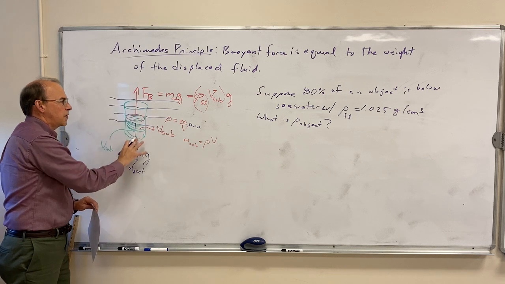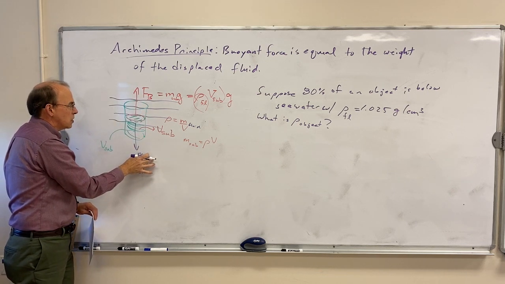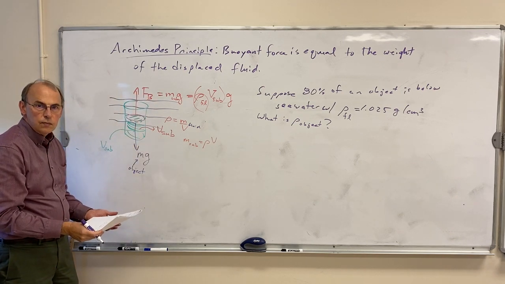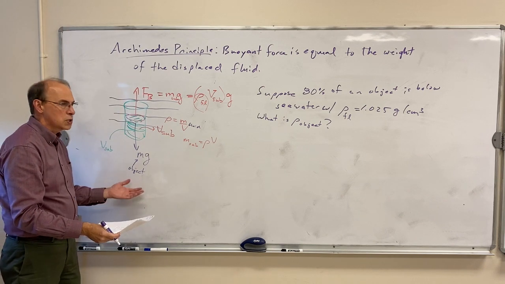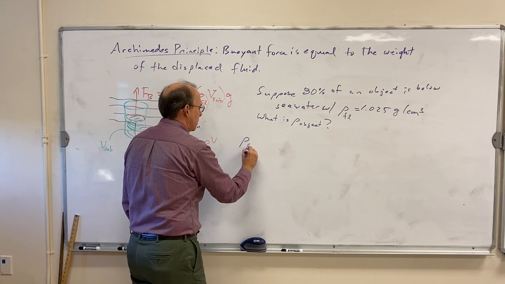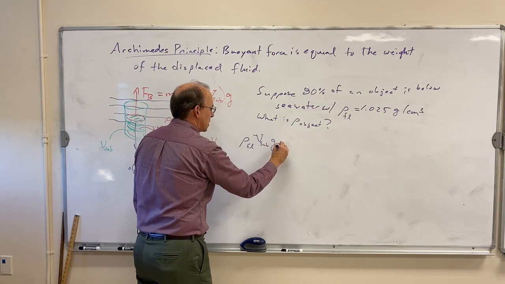So if this object is floating, apparently this mg of the object and this buoying force are equal. That's why it's floating. The buoyant force is holding it up. The buoyant force is this: rho of the fluid, V submerged, g.